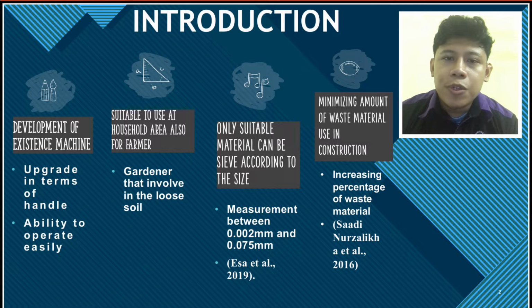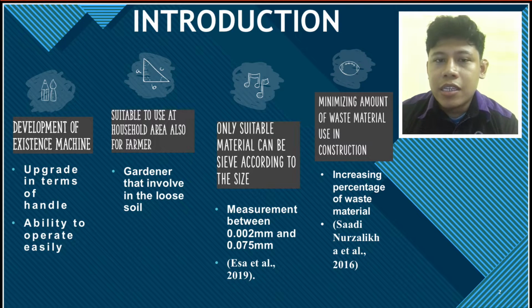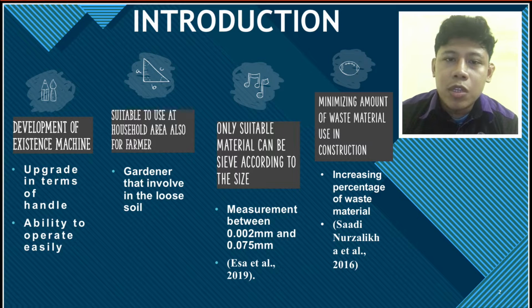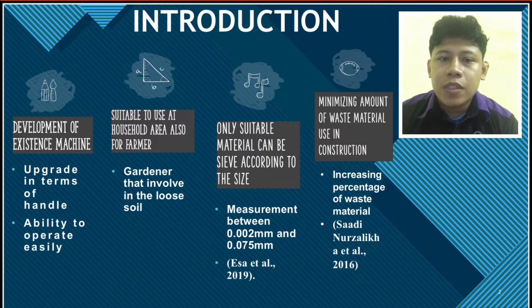The third point from the introduction is this machine was created so that only certain materials can be saved according to the size that has been chosen for this machine, and it already states that only material measurement between 0.0 millimeter and 0.075 millimeter.